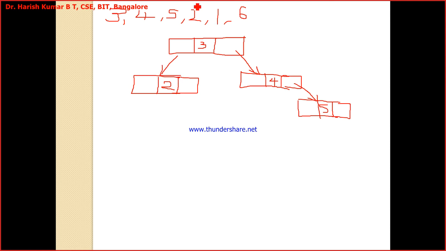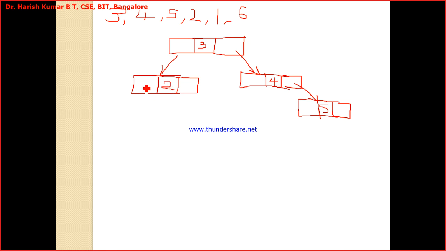Okay, next symbol which I am scanning is 1. I compare 1 with 3, so 1 is less than 3. I travel along the left subtree, because this is not null now. I have to travel along the left subtree of 3. I have traveled, and again I compare 1 with 2. So 1 is less than 2. Now I check whether I need to travel.